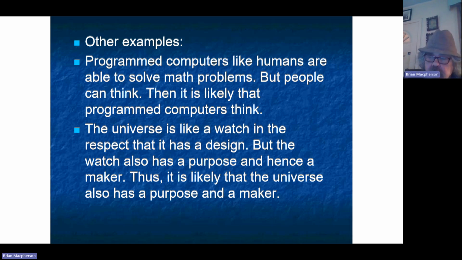But we also know that the watch, having a design, has a purpose, and if it has a purpose, it must have a maker. Then it is likely, says the argument, that the universe also has a purpose and a maker. By the way, in philosophy of religion, that's called the design argument or the teleological argument for the existence of God.